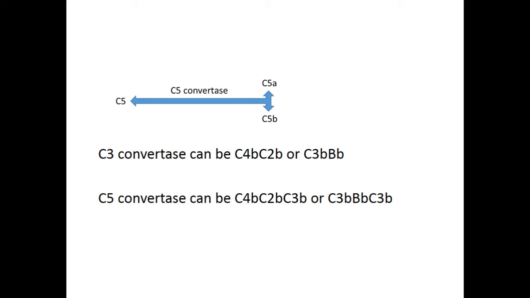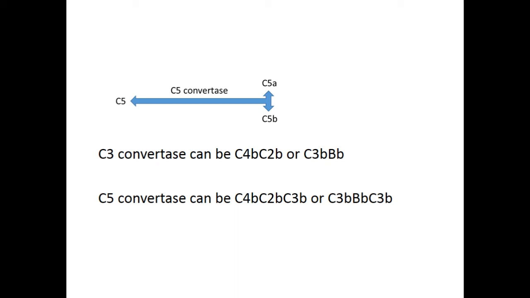C5 convertase can be C4B2B3B in case of the classical pathway, or C3BBb3B in case of the alternative pathway.